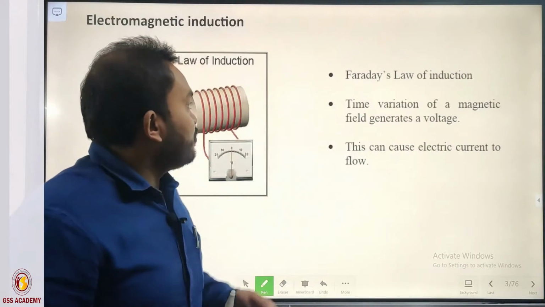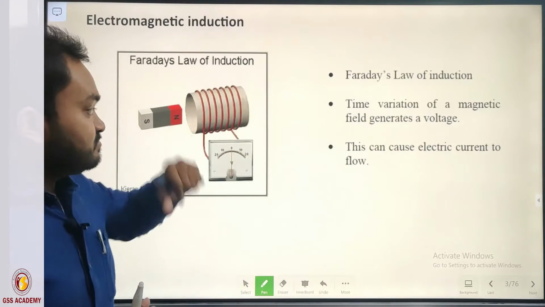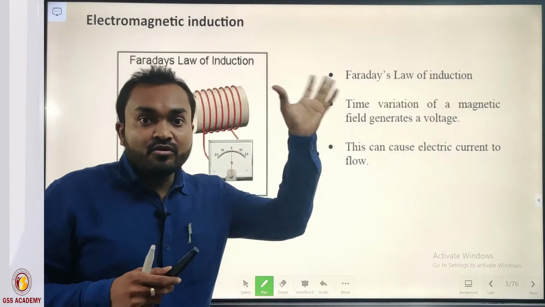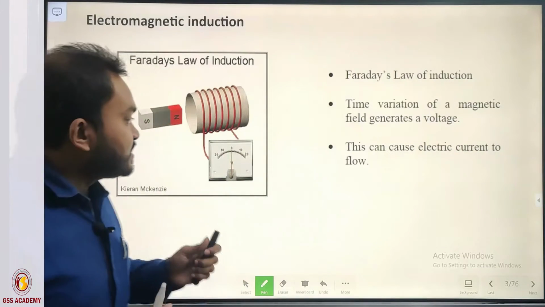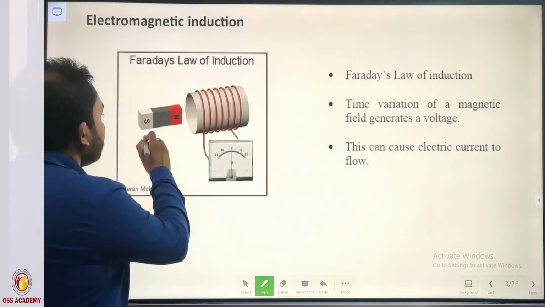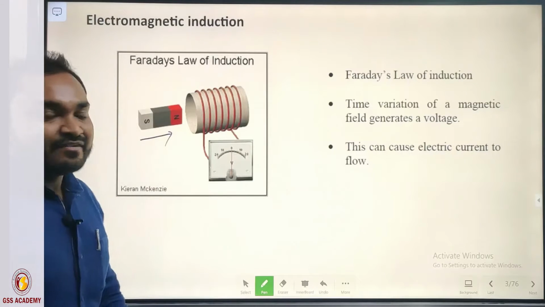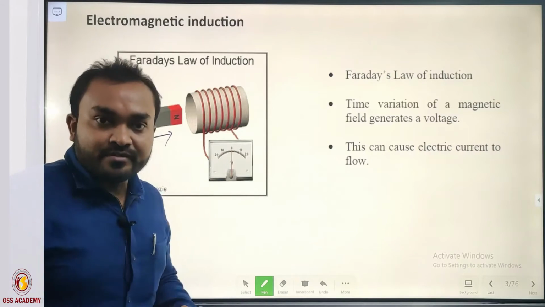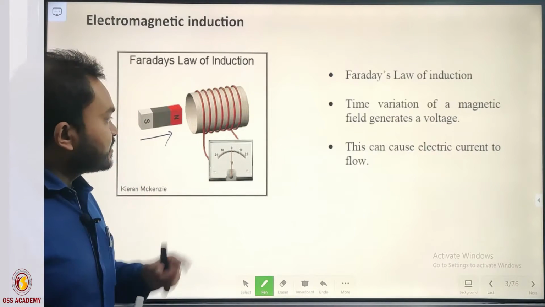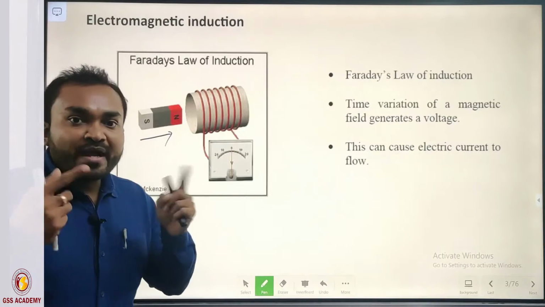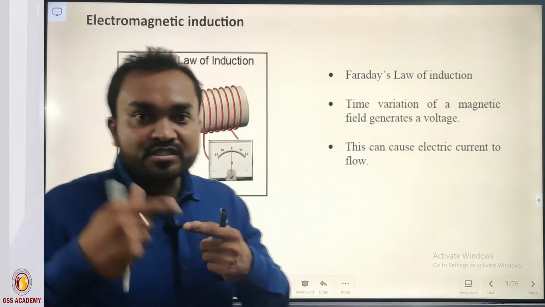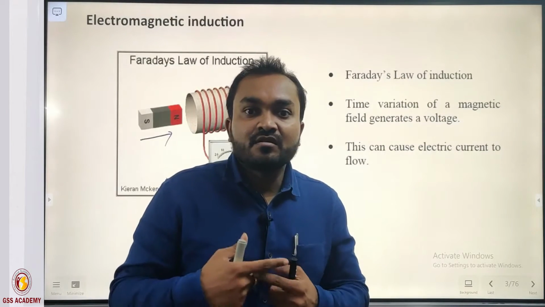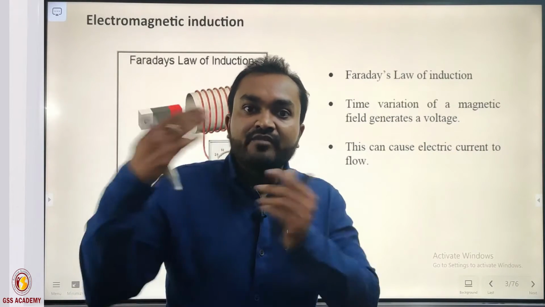First, Faraday observed induction. What is induction? If any moving magnetic field is there, it induces an electric field. From there, the concept of how the electromagnetic wave forms was considered by Maxwell.